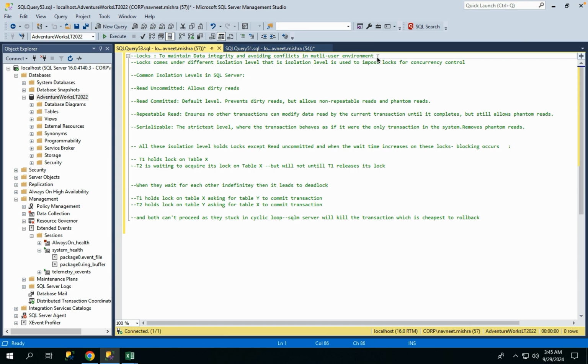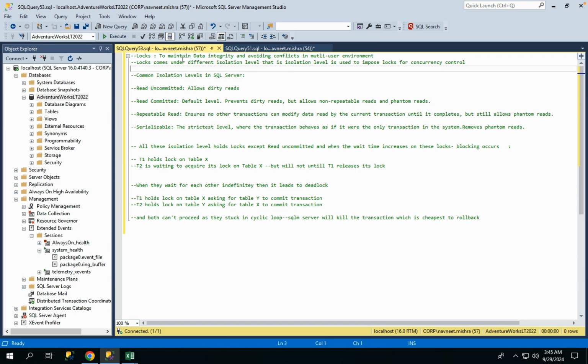To maintain the consistency and integrity of the data, the database imposes locks on the particular data on which another transaction is trying to update or access. So locks are used to maintain the data integrity and avoid conflicts in a multi-user environment.